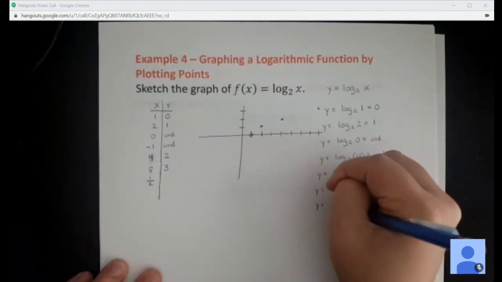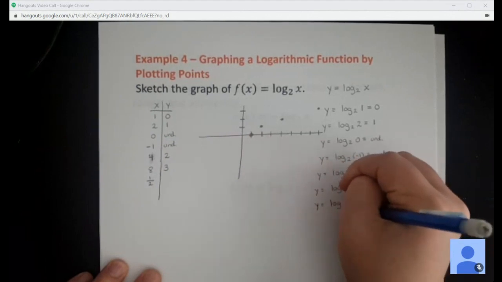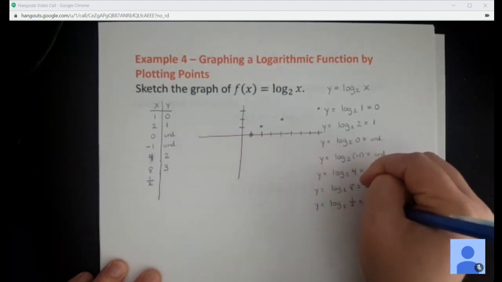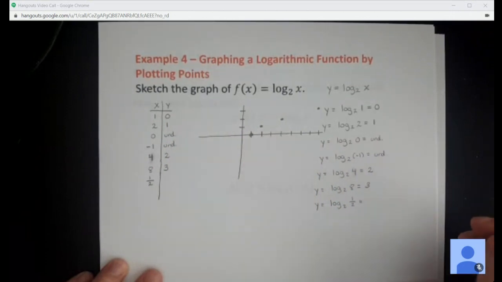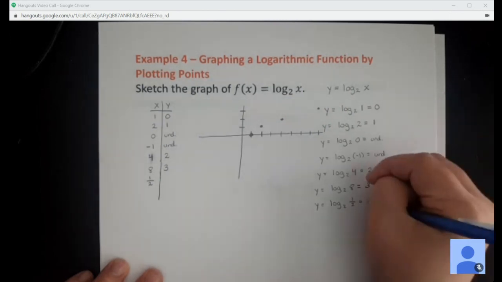That's y equals the base 2 log of 1/2. Well, 2 to the what power would give us 1/2? Good, Asbel. So -1.